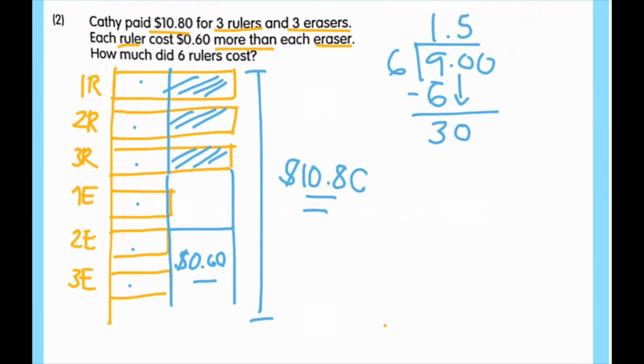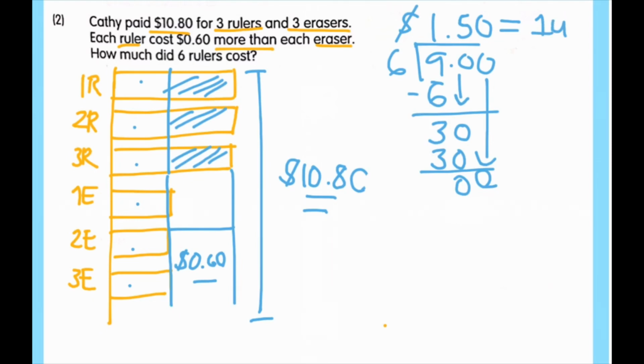Make sure to put the decimal point on your quotient, since we're already moving to the decimal places. 5 times 6 would be 30. And bringing down 0 will give us 0 in the hundredths place. So we could say that $1.50 is equivalent to 1 unit.